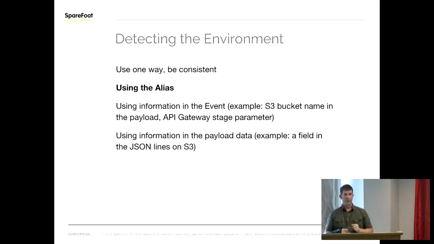You can also look at the payload object itself if you're doing something like a data pipeline where the file data that you're going to actually parse has that value in the JSON that you're going to look at. I think the alias is the best one by far because that works for all situations. You don't have to worry about what kind of objects you're looking at. You don't have to look in different places depending on what you're doing because you always have the alias if you set your lambdas up that way.